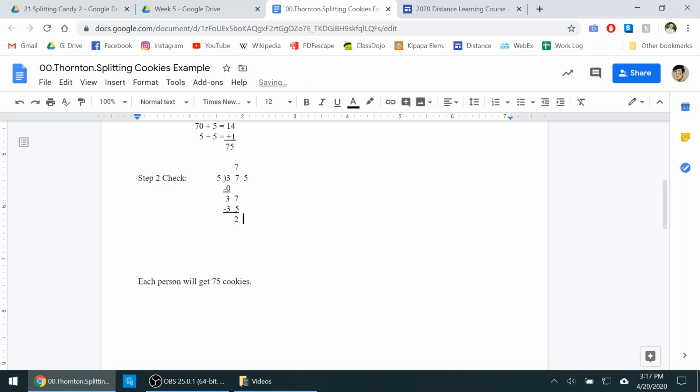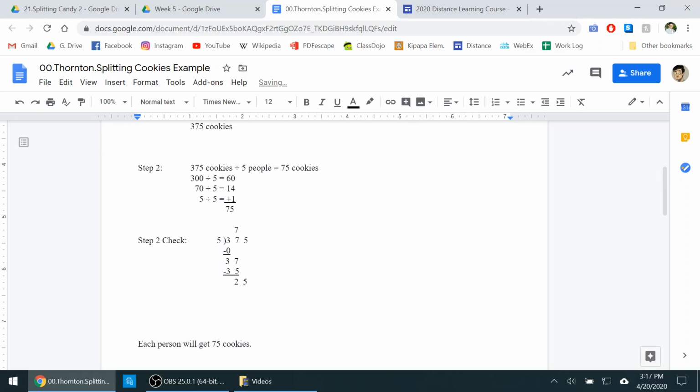From there, we'll just bring down the 5. 25 divided by 5 is 5, so we'll put a 5 up there. And we will go ahead and take away the 25 here. Let's try to make our numbers match. Underline that. And that equals 0. So we have no remainder.